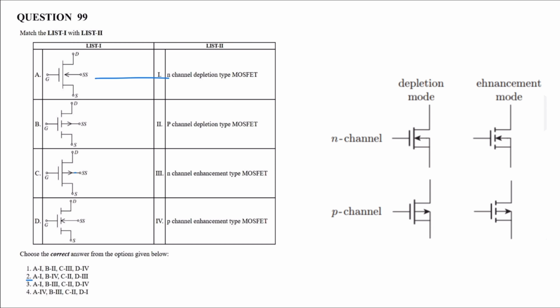Here the line is continuous and the arrow is away, hence it is P channel depletion MOSFET. See the second one. For B, the channel is discontinuous and the arrow is away from the substrate, hence it is P channel enhancement MOSFET.